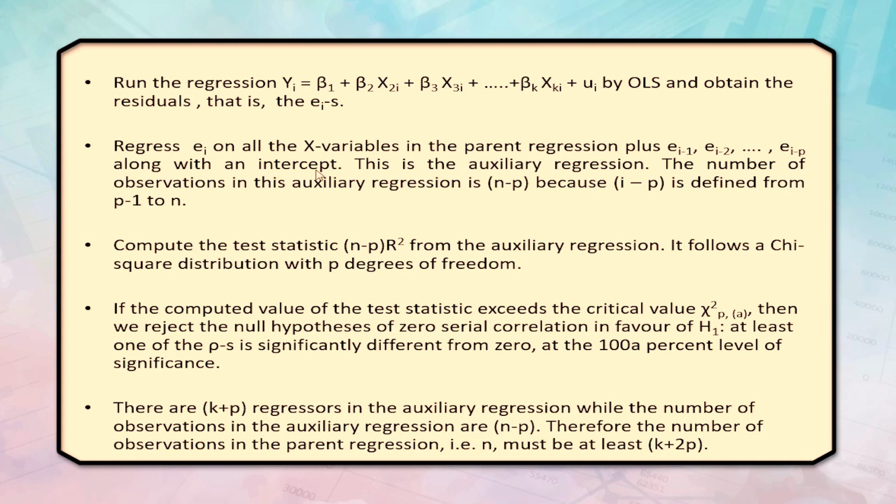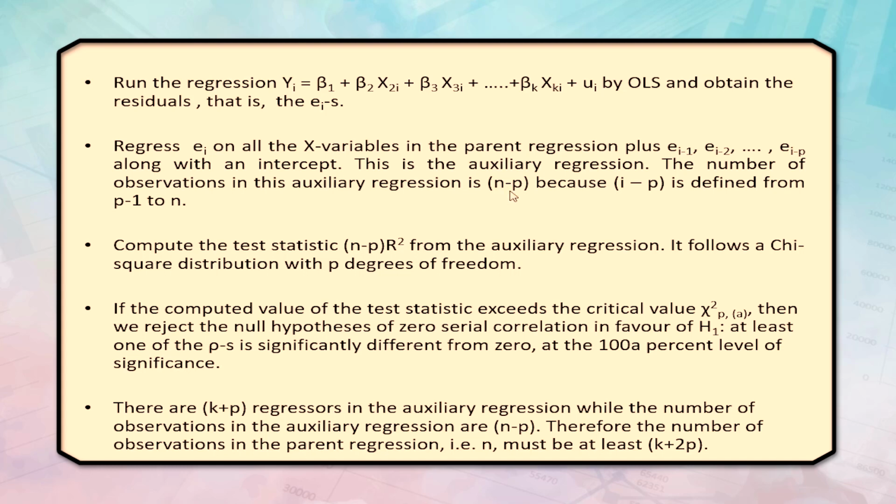This is the auxiliary regression. The number of observations here is n minus p because we lose some observations since we are considering i-1, i-2 right up to i-p. So, effectively in the auxiliary regression the number of observations is n minus p.